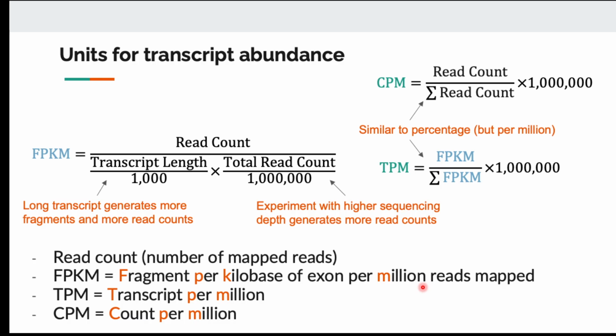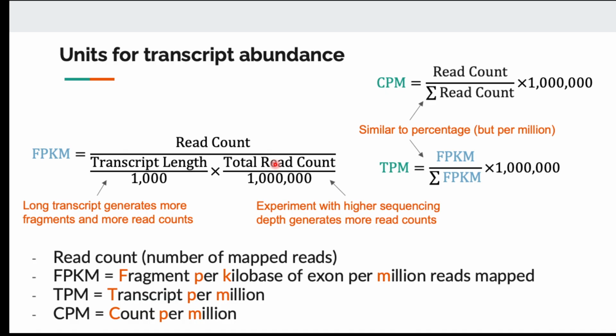So this is normalized to the number of reads that can be aligned to the genome or to the transcriptome of your species. So people at first thought that this could be the answer. You normalize by the two things that affect the read count: the length of the gene and the throughput of your sequencing.